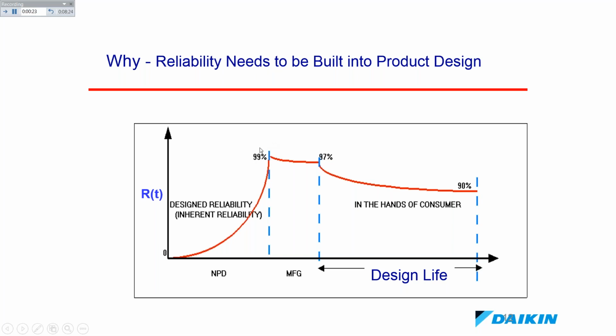So we probably end up at 99, and then we hand over to manufacturing, and there it drops a little bit, under 2% probably. That's called infant mortality. Then we hand over to the customer. The consumer will be using it, if our system level target is 90% at the end of the design life, probably a 10-year, 15-year, 20-year design life is our target for the system.